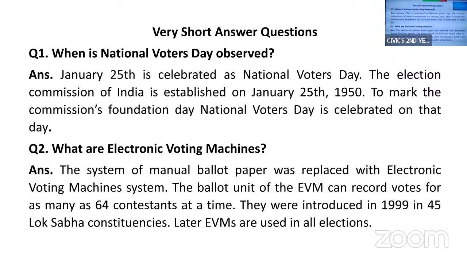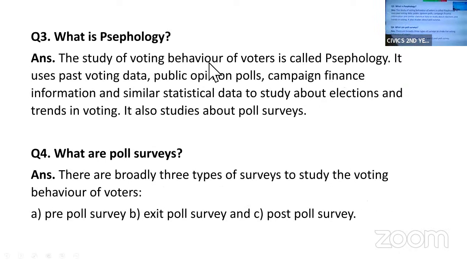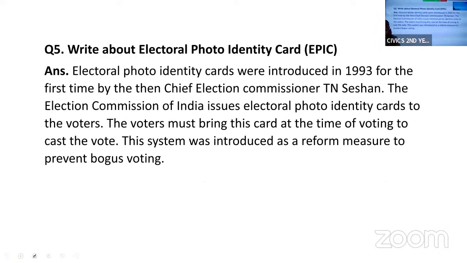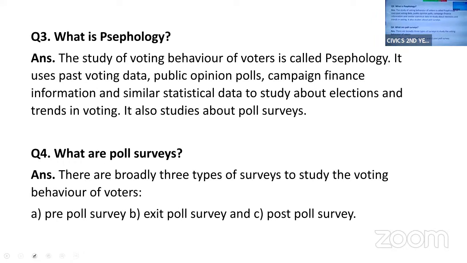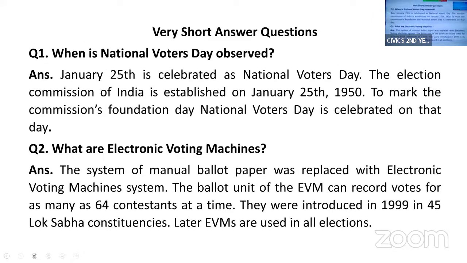The first question is, when is National Voters Day observed? National Voters Day is observed on 25th January. Why on 25th January? Because it was on that day the Election Commission came into existence.